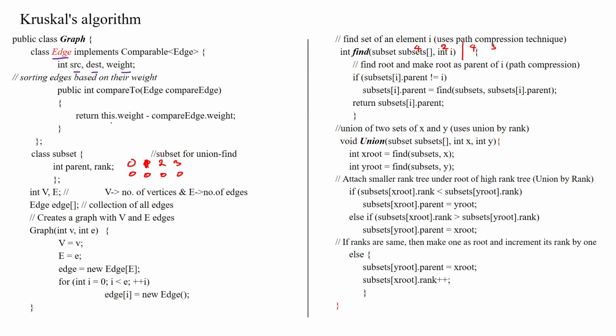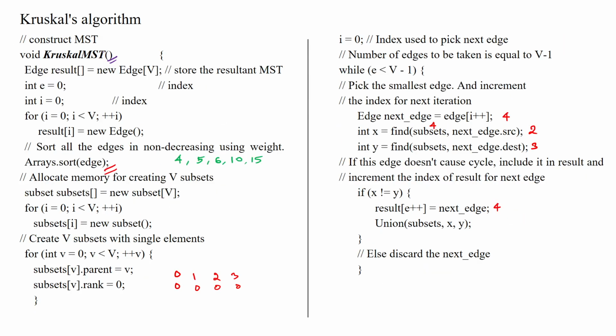Then we compare the current weight with another edge's weight, and whichever is minimum will be used for sorting.